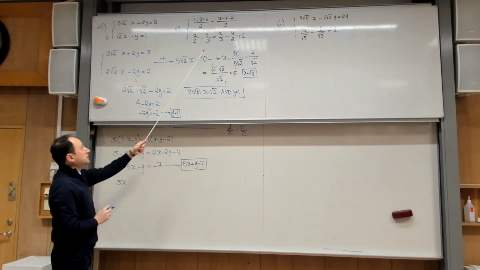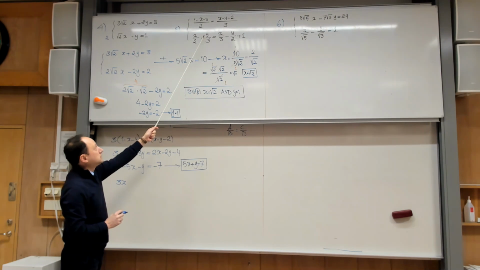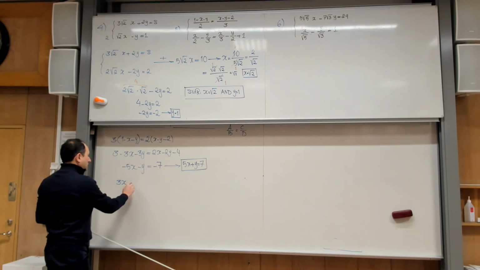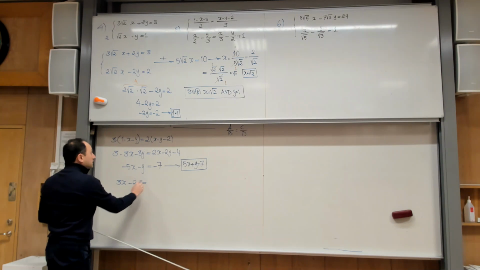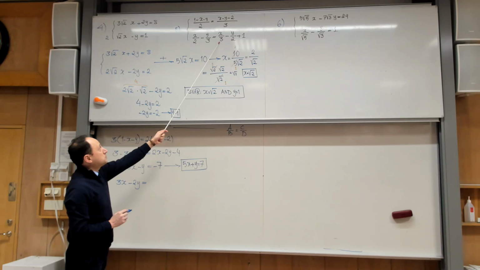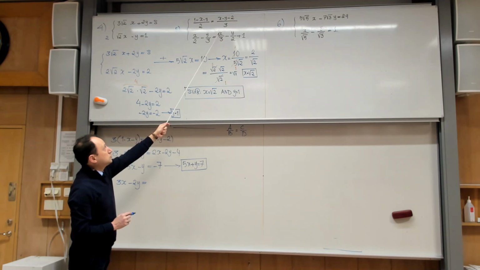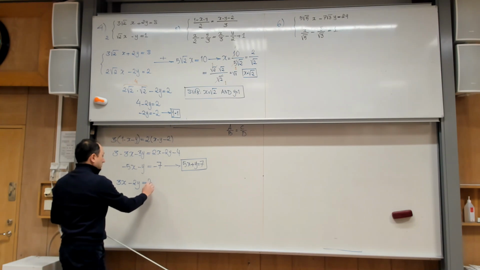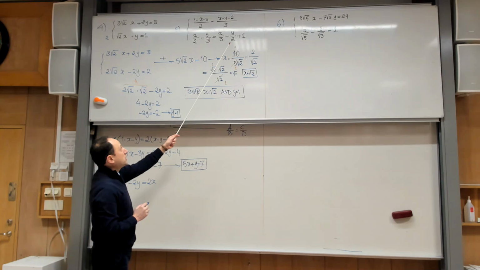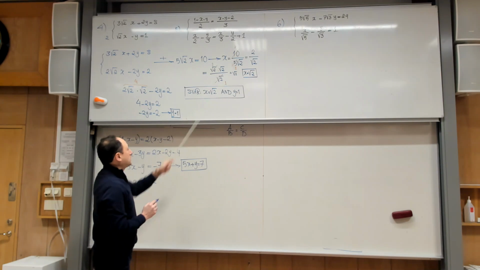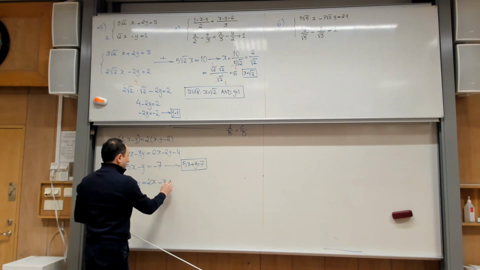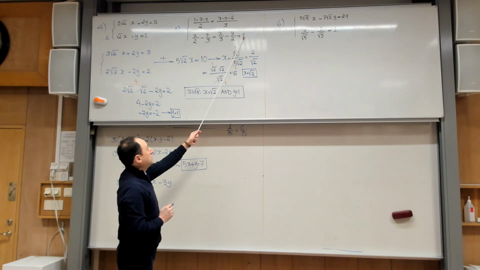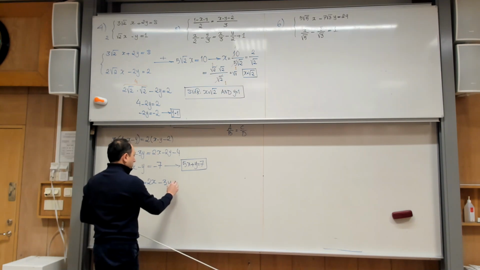I multiply this by 6, 2 is left, 2y with a negative sign. When I multiply this by 6, 2 is left, 2 multiplied by x. And I multiply this by 6, 3 is left, multiplied by y. And when I multiply the last term by 6, I get positive 6.